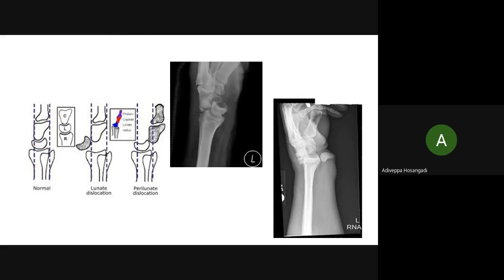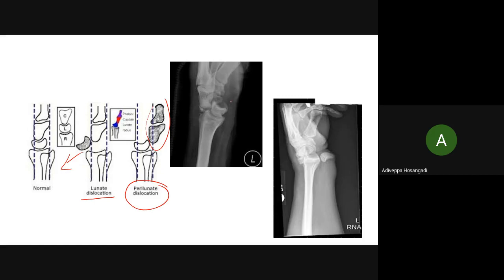Look at this. What has happened in a lunate dislocation? The lunate has dislocated anteriorly, but the rest of the bones are aligned. What has happened in perilunate? The lunate stays attached with the radius, but the surrounding capitate and other bones have dislocated dorsally.